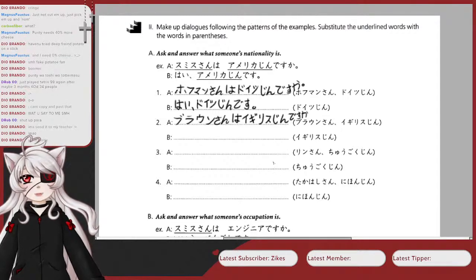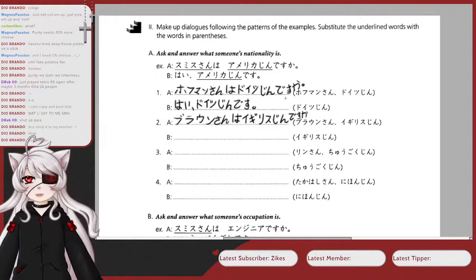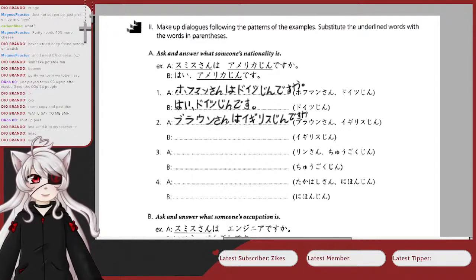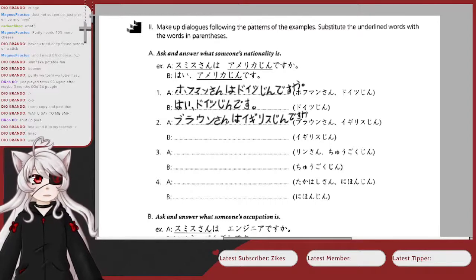I promise my handwriting is better when I'm using paper. I'm a better judge of how much space I have. Oh, music. I'll go with the lo-fi and chill mix.